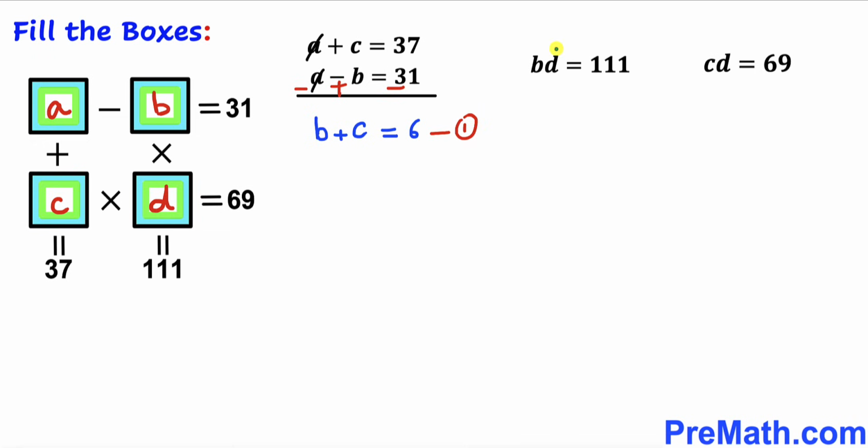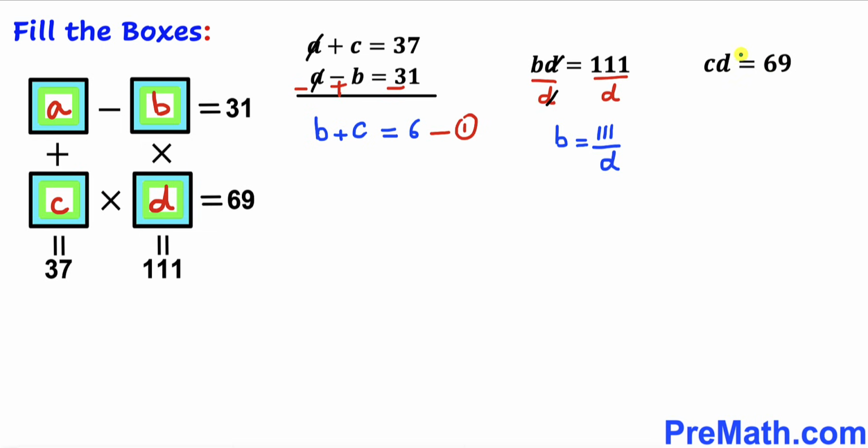Now we are going to focus on this next equation. B times d equals 111. I'm going to divide both sides by d to isolate b. Here we can see d and d are gone. So our b value is going to be equal to 111 divided by d.